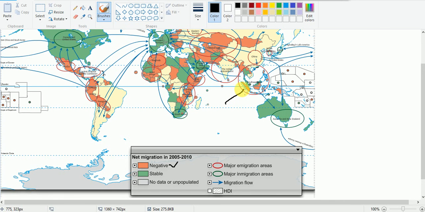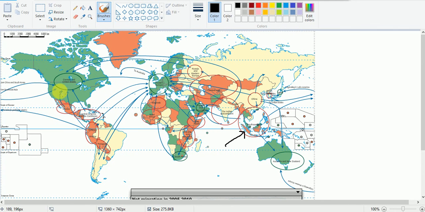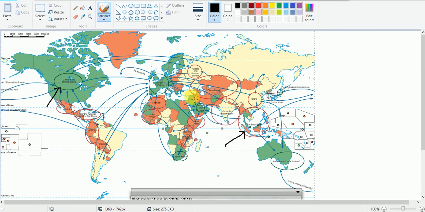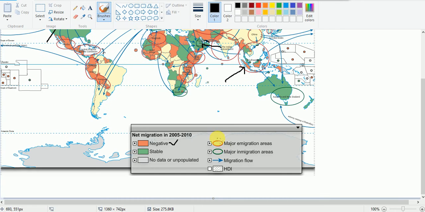The red circled areas represent major emigration areas, and the green circled areas show the major in-migration areas. That means from the red circled areas, people are moving to the green ones, this way. And all the arrows show the migration flows.